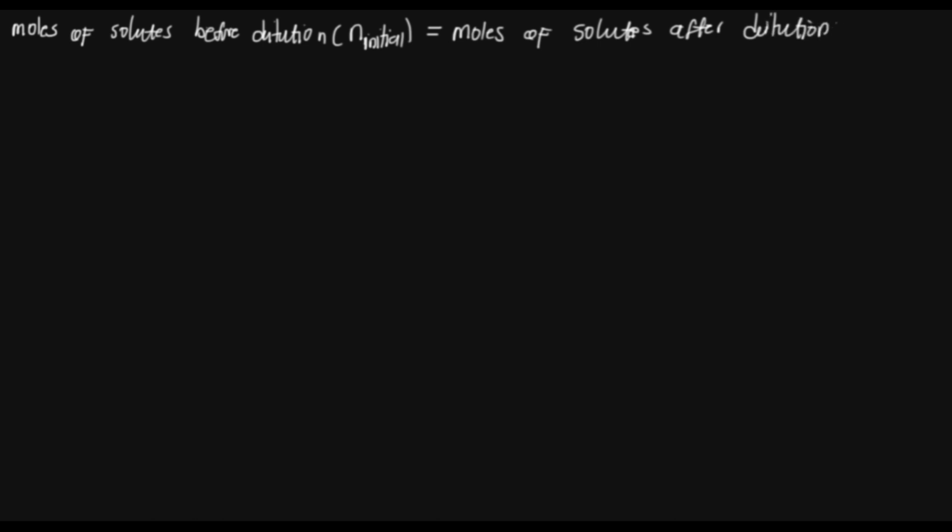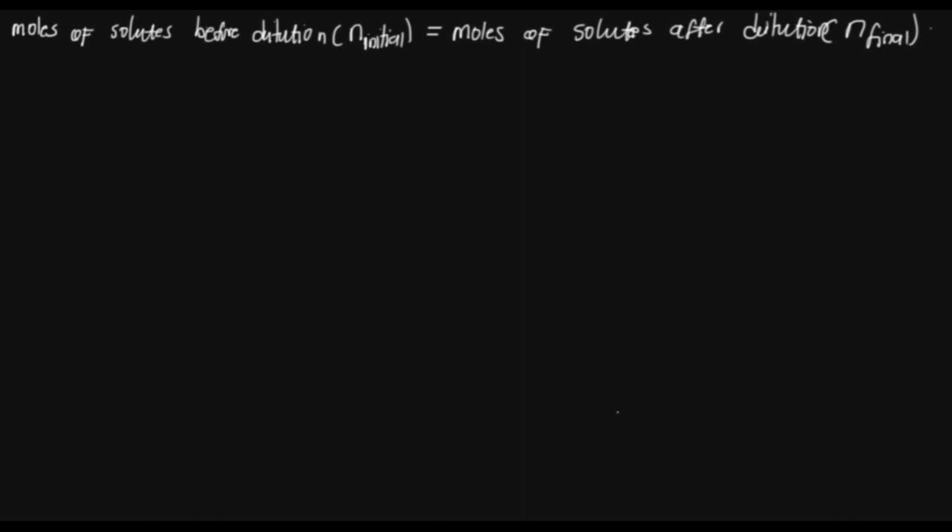Now our after dilution, we just equate this one as N final. Okay, so depends, you can use maybe numbers. So if you can say 1 represents the initial, then 2 will represent the final. So here we are using now the initial.